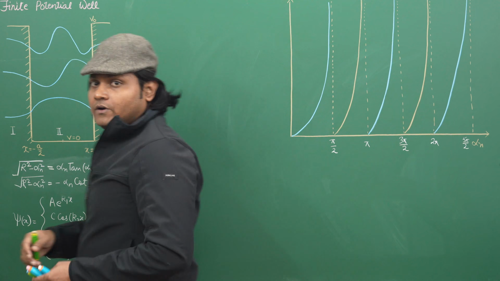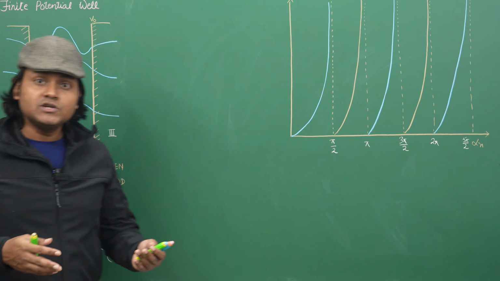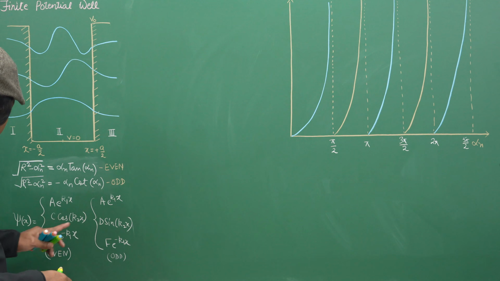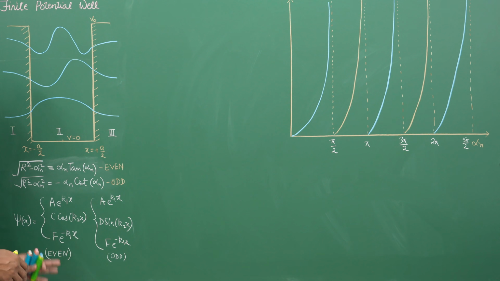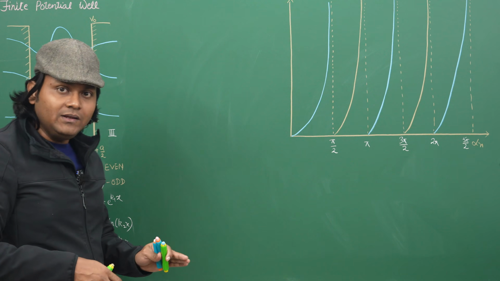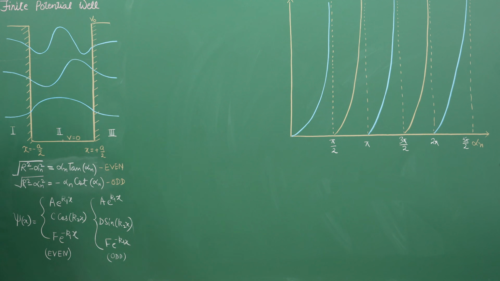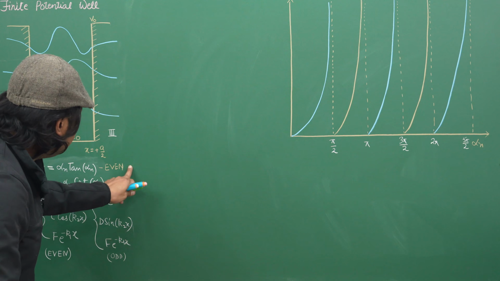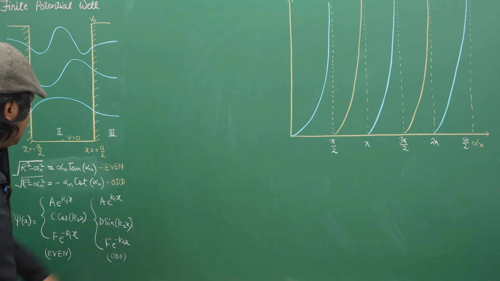So we have written down the Schrodinger equation for regions 1, 2, 3. We obtained the even and the odd solutions for a symmetric finite potential well. We applied the boundary conditions and got these two conditions for even and odd eigenfunction solutions.